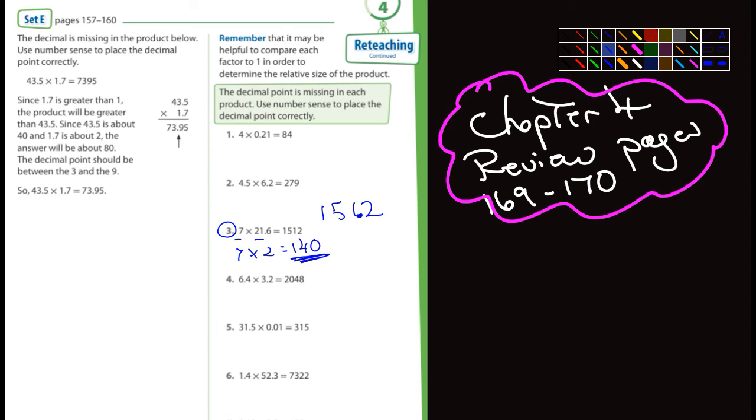So you could rewrite that and put the decimal right there where it belongs. That's the answer to number 3. You can go ahead and do the problem itself if you wanted to. I mean, if you wanted to take 21.6 and multiply it by 7, you can go ahead and do that, and you are going to end up with 1512.